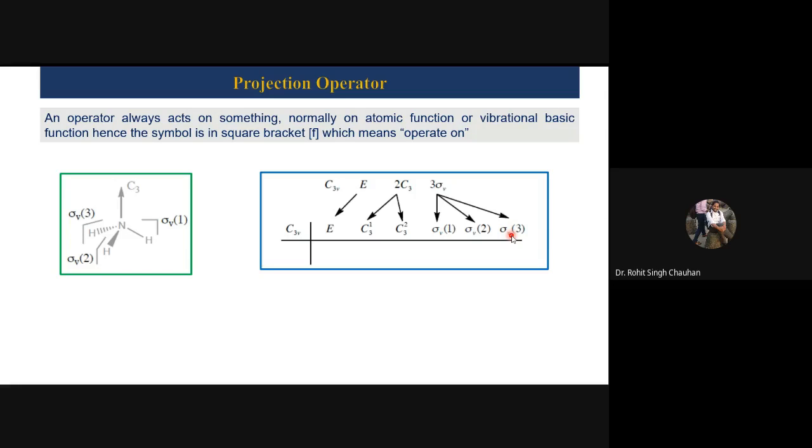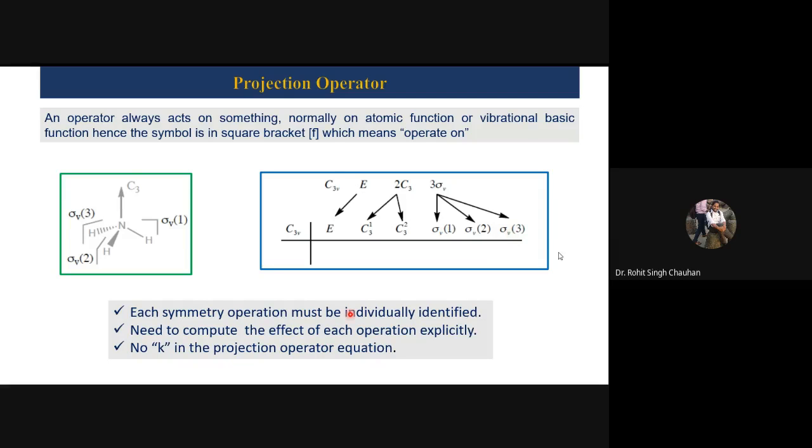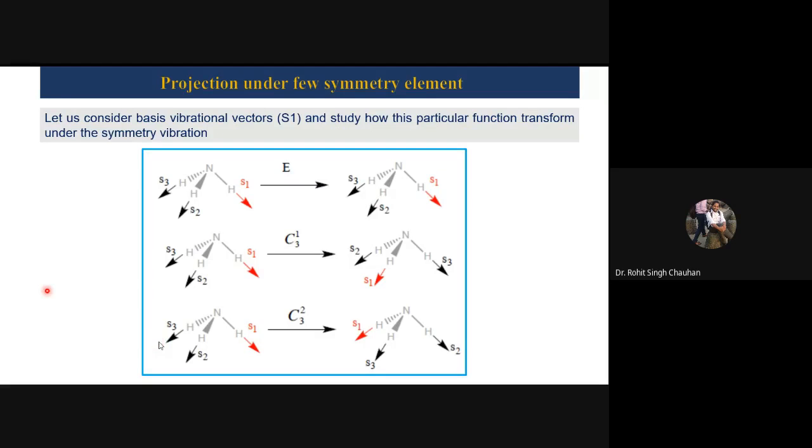Okay, so what we have done, I have mentioned here, each symmetry operation must be individually identified, and you need to compute the effect of each operation explicitly, and there is no k in the projection operator equation. Focus on this, no k, but this k will be present in the reduction formula. I have already labelled the bonds as S1, S2, S3.